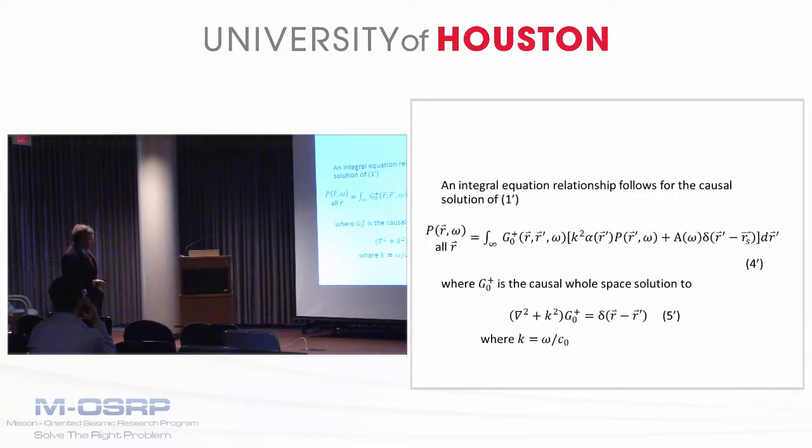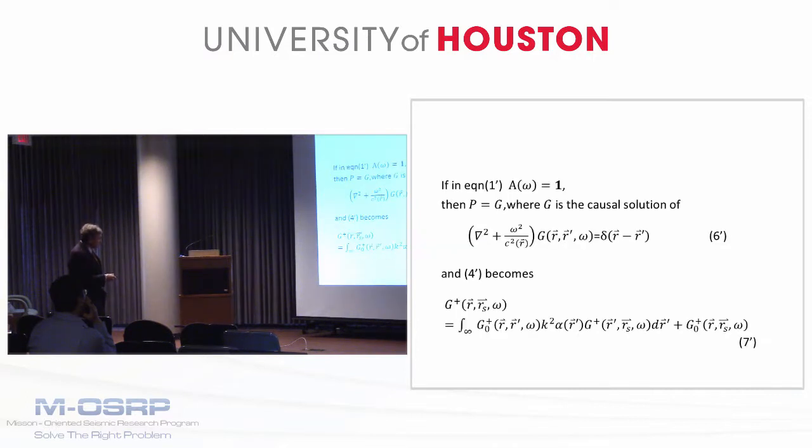Okay, so when you do that, the definition of a Green's function is the solution to a problem where the source is Dirac delta-like in all variables. So once you make A of omega equal to 1 here, this is now an equation not for P, but what we would call G, the Green's function for the heterogeneous medium, okay?